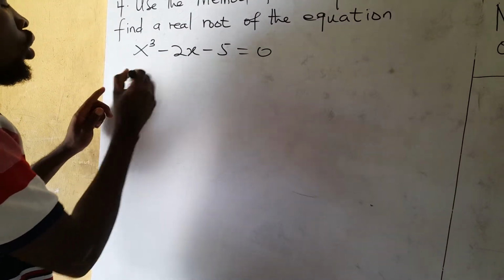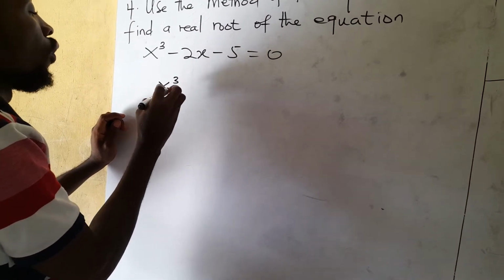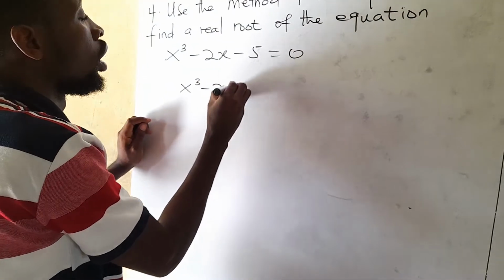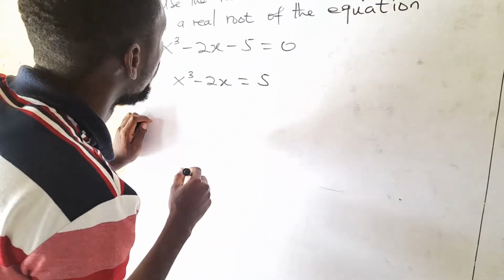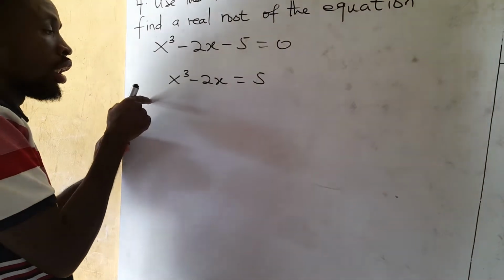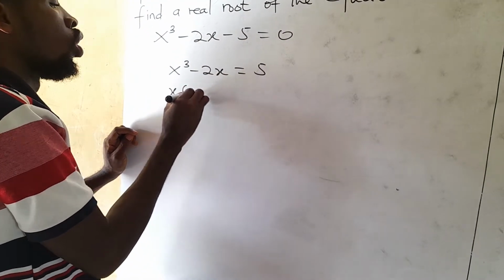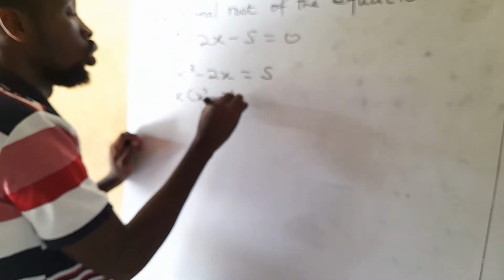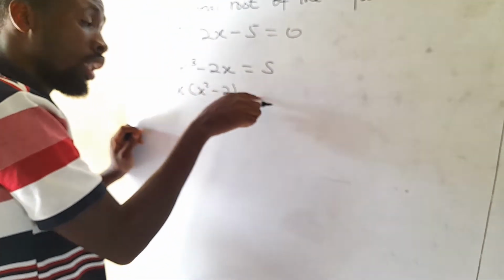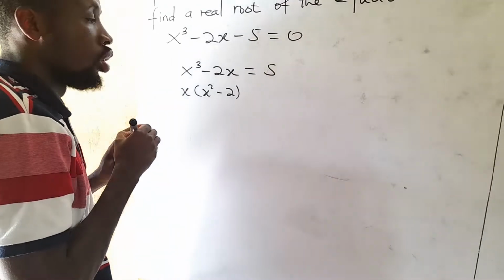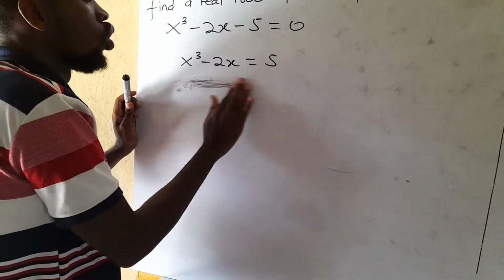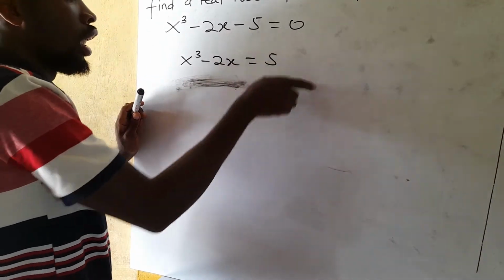So if we let x cubed minus 2x equal to 5, when we try to bring the x out, we'll get x squared minus 2, and this contains a power more than 1. So what we need to do is to rather send this there.